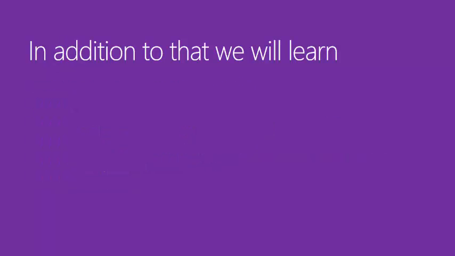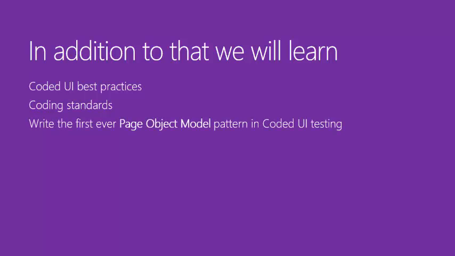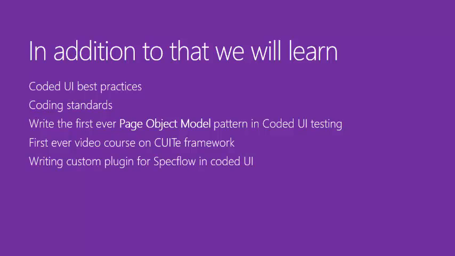In addition to that, we will learn the Code.ui best practices, coding standards to be used while writing the code in Code.ui, writing the first ever page object model pattern in Code.ui testing, which is not available out of the box with Code.ui, the first ever video course on Qt framework, writing a custom plugin for SpecFlow in Code.ui, and then integrating the custom SpecFlow plugin for BDD.